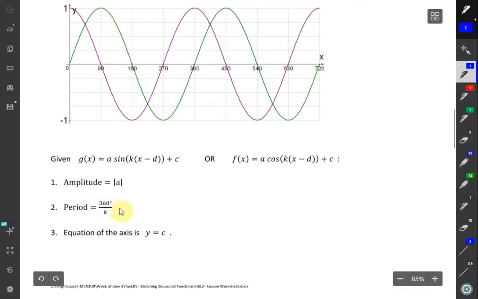The period is 360 divided by K. Also, we can say that K is equal to 360 divided by the period. And the equation of the axes is y equals c. And remember, the axis is the line about which the sinusoidal function goes equally above or below.